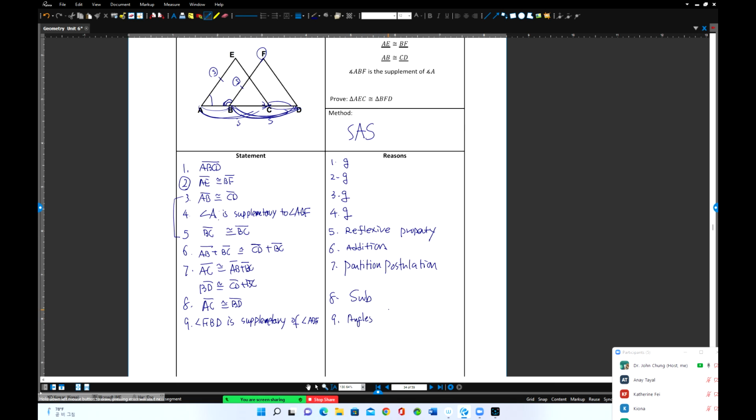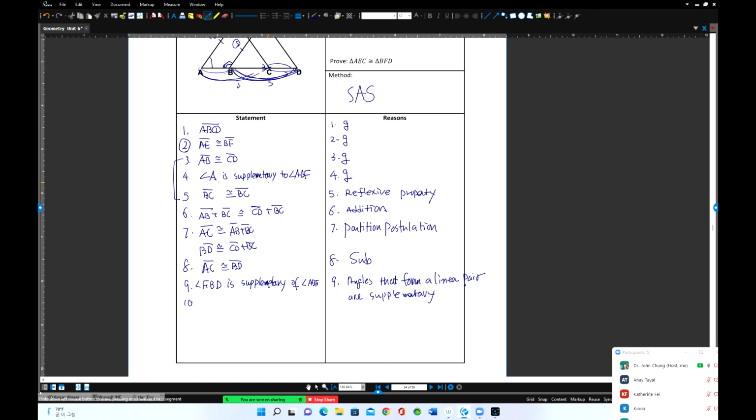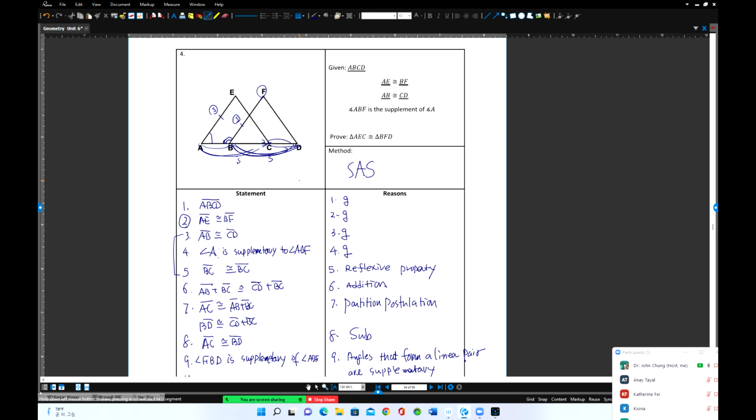This one is a little hard. Angles that form a linear pair are supplementary.